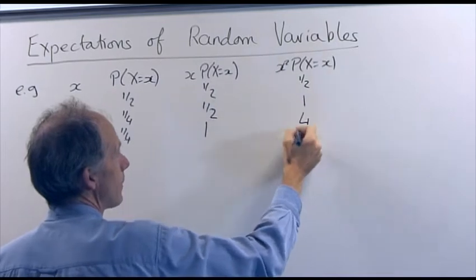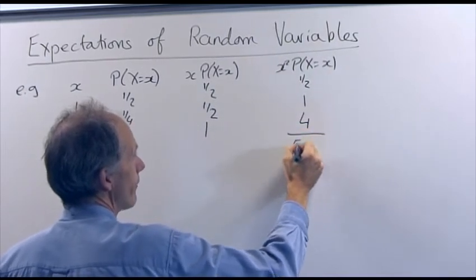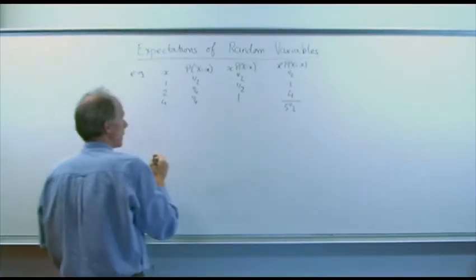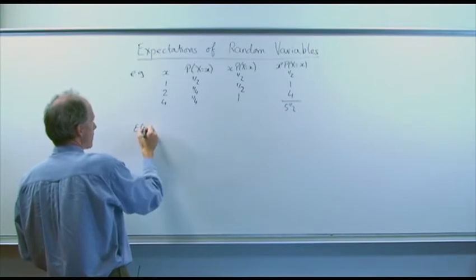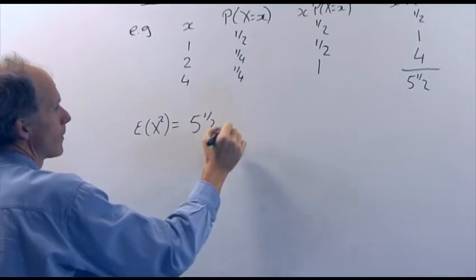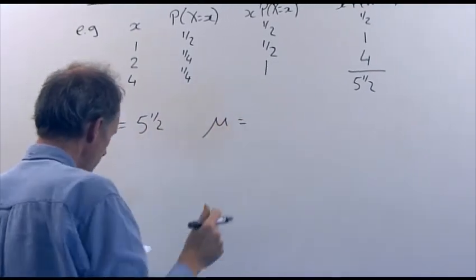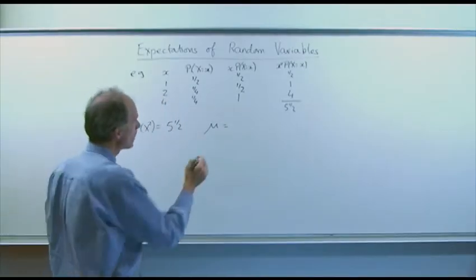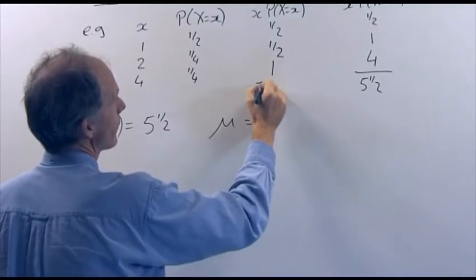So we add those up, we get 5.5. And so the expected value of x squared is 5.5. Mu, which we computed before, was 2. That was just the sum of this column.